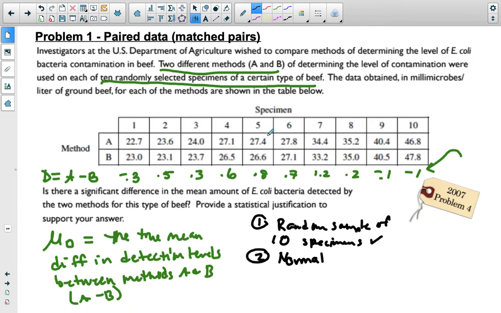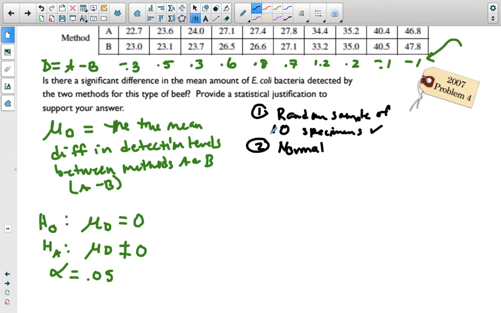So what do we do when we have a small sample, and we don't know that the population is normal? We don't know that. And your sample size is less than 30, which it is.